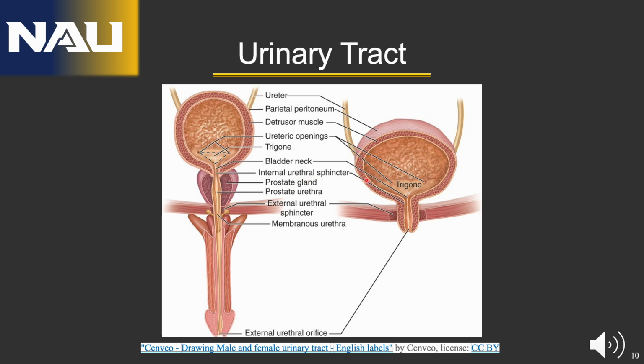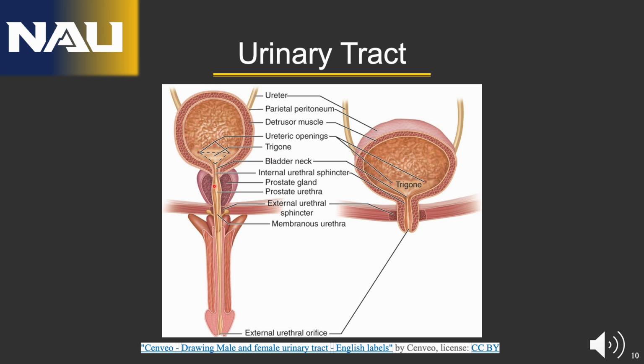The bladder wall consists of the detrusor muscle, which contracts to expel urine, and it is lined with transitional epithelium on the inside. And then there's also rugae. You can see the little squiggles and wrinkles on the inner part of the bladder. Well, that allows the bladder to expand and contract.